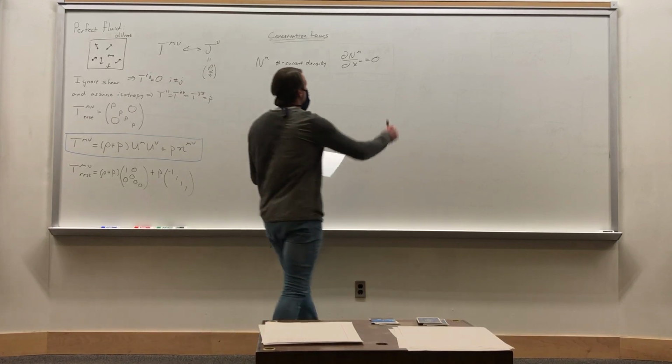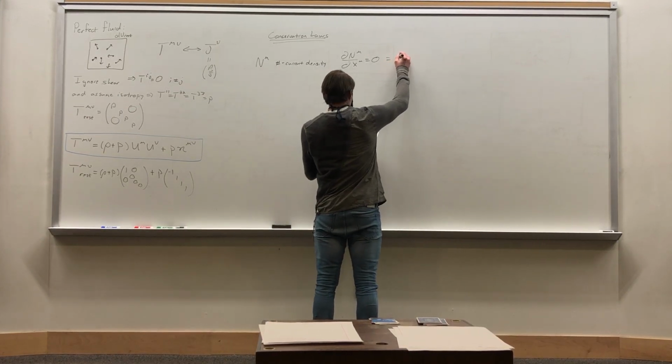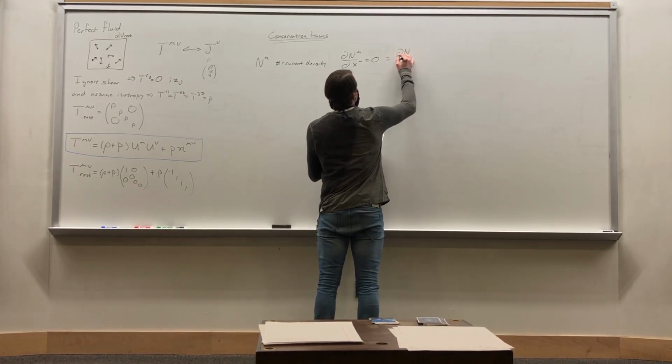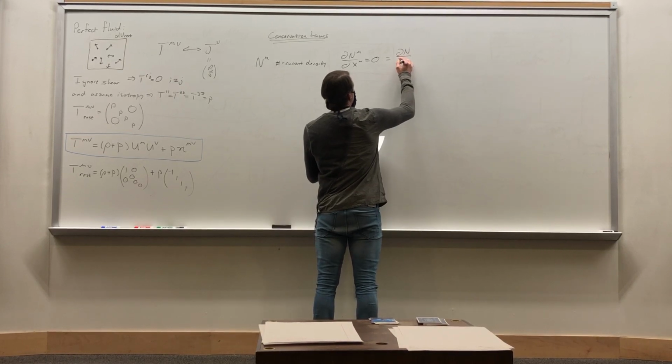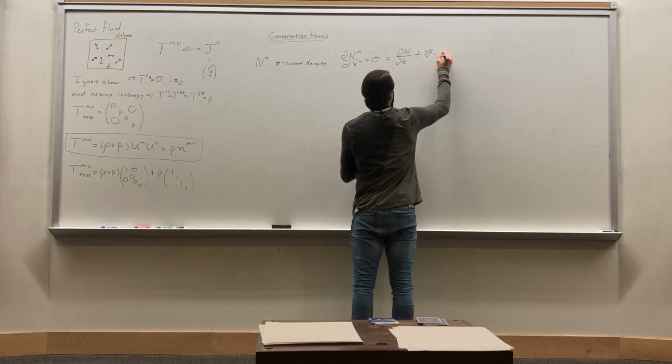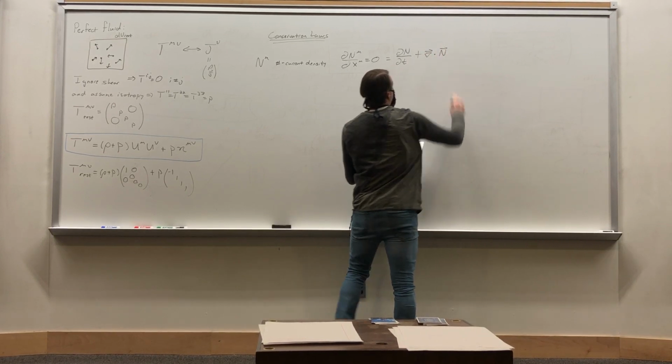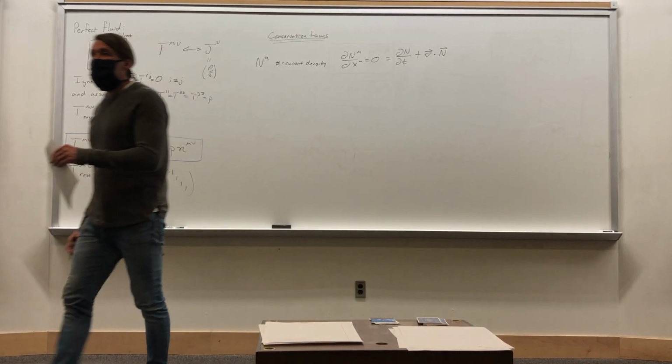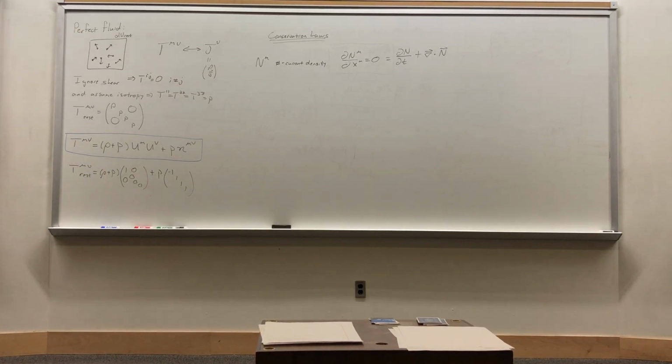However, this is a 4-vector thing, and so we can break it down into the derivative of the numbers with respect to time plus the divergence.